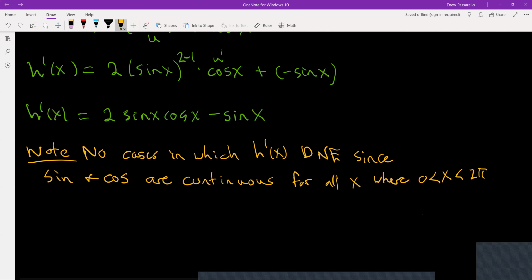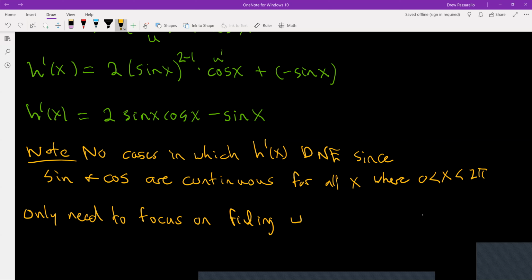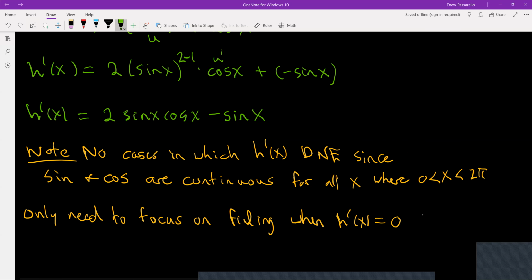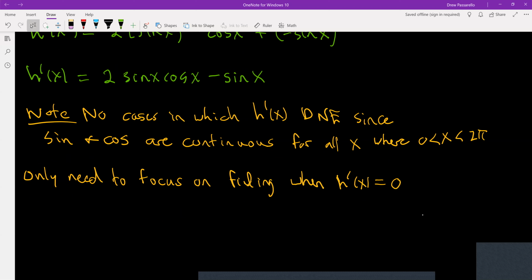So I only need to focus on finding the cases in which the derivative is 0. All right, so I'm setting the derivative equal to 0. So that's going to be 2 sine x cosine x minus sine x equal to 0.